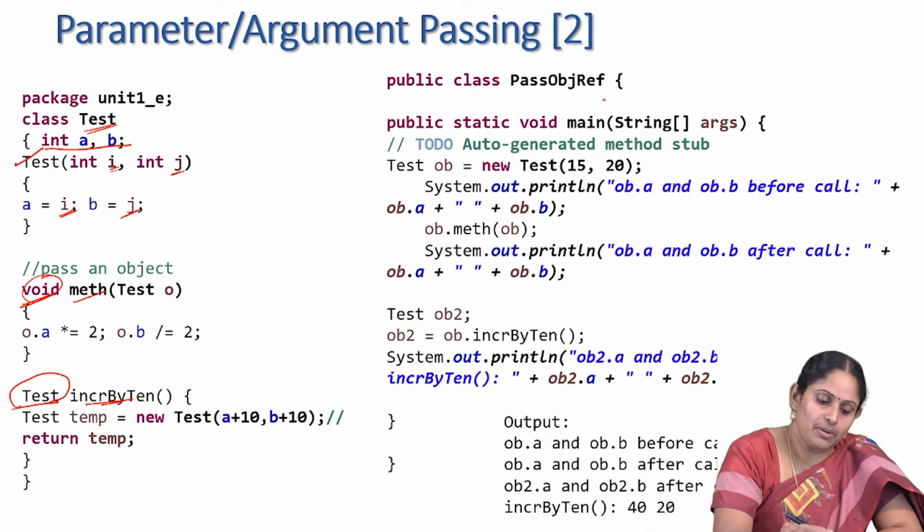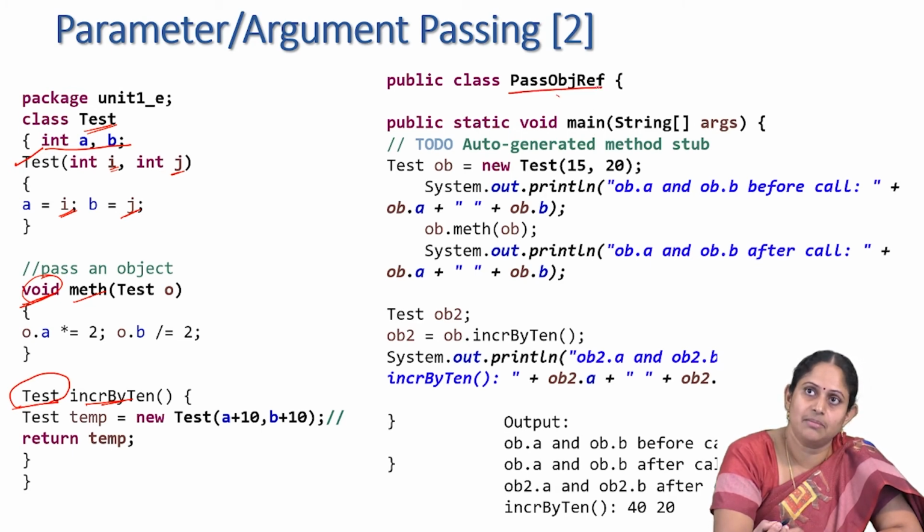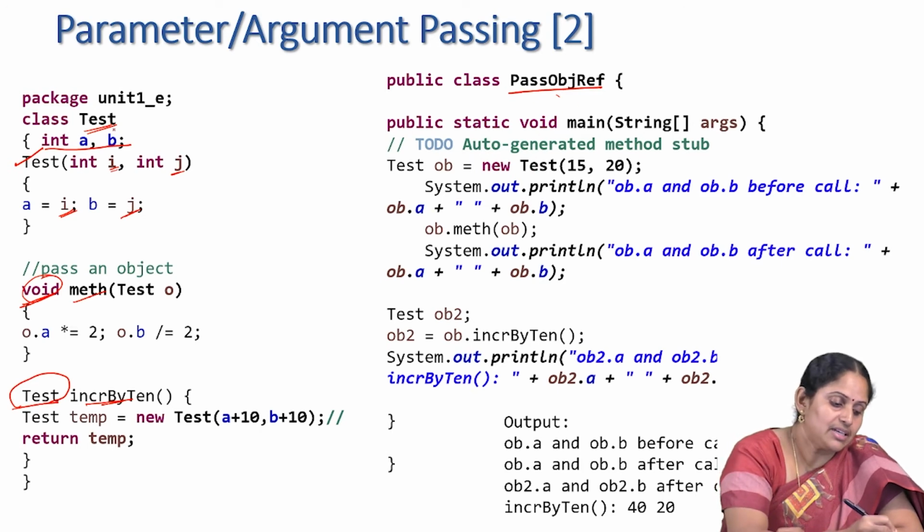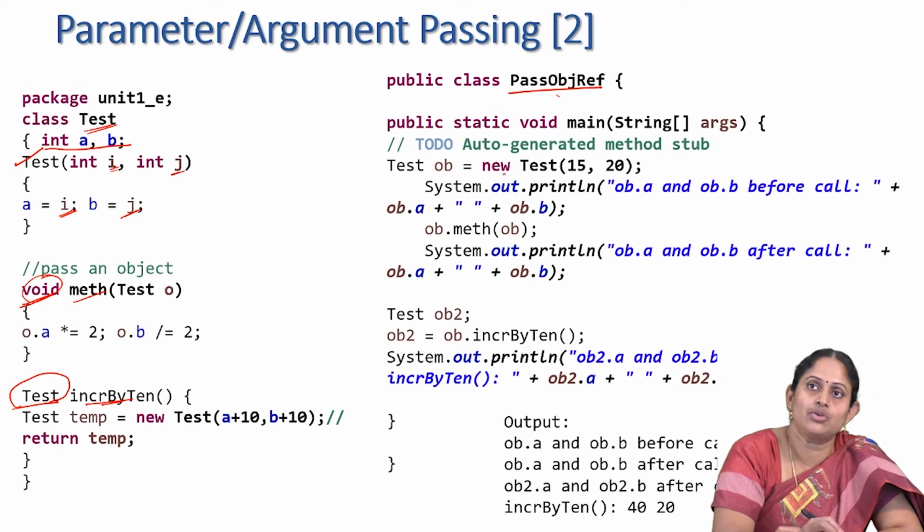Now, the main method is present inside another class. Since we have to access the test variables and methods, we have to create an object of the test class.